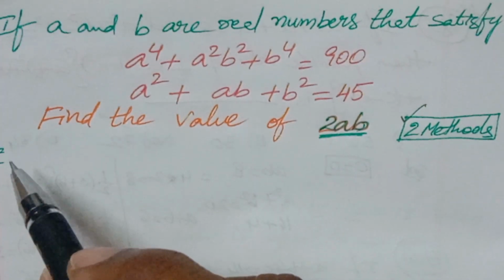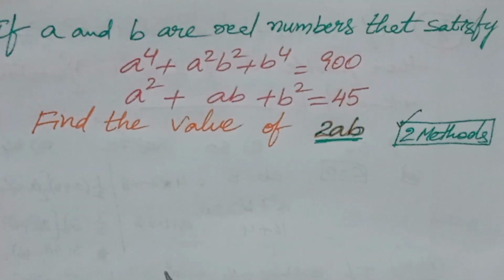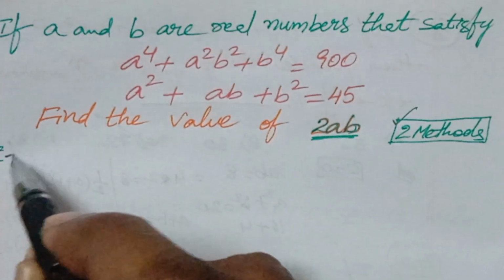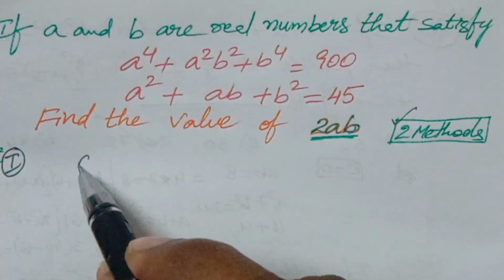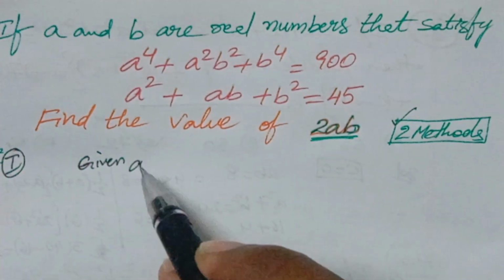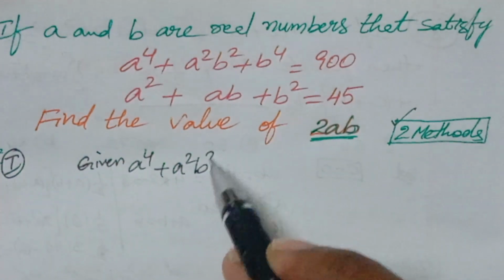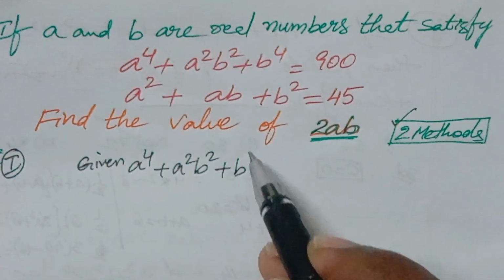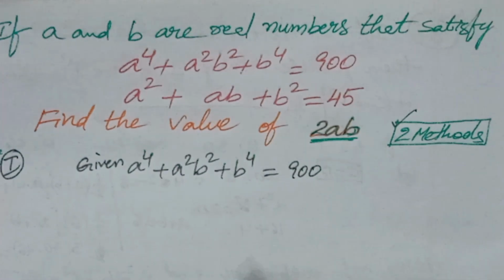Okay, we'll go to the solution. First method. Here given a to the power of 4 plus a square b square plus b to the power of 4 equal to 900.